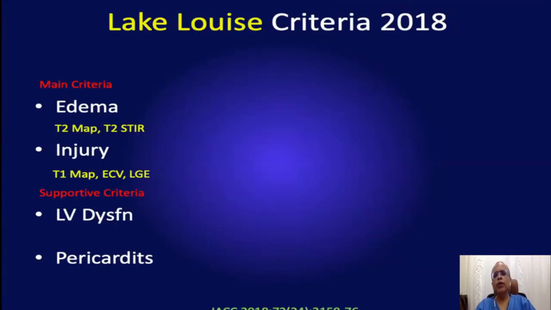So now we are more into the newer criteria, the Lake Louise criteria of 2018, where the maps now carry quite a higher value. For edema, you can show it by higher T2 maps, and the injury you can show by the higher T1 maps. Also you can use the T2 STIR images for the edema, or you can show extracellular volume expansion or late retention for the injury purpose.